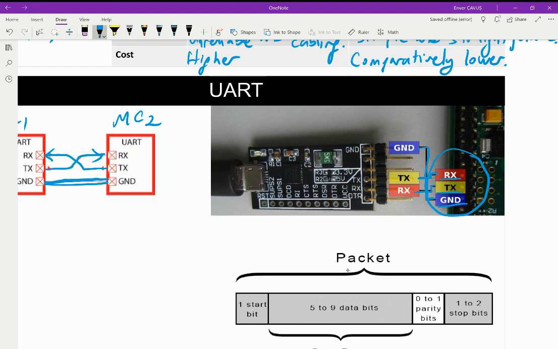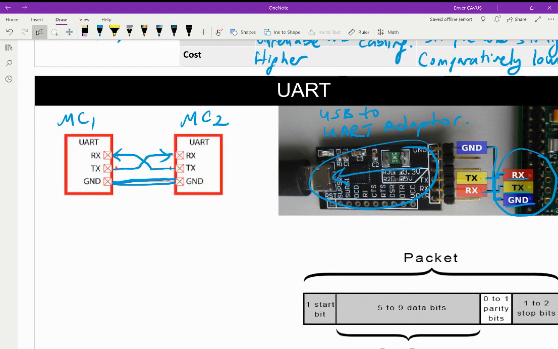Basically this is an adapter card called a USB to UART adapter. What it is doing is converting this UART interface to a USB interface. The UART is basically a simple serial communication protocol, and it is bidirectional.